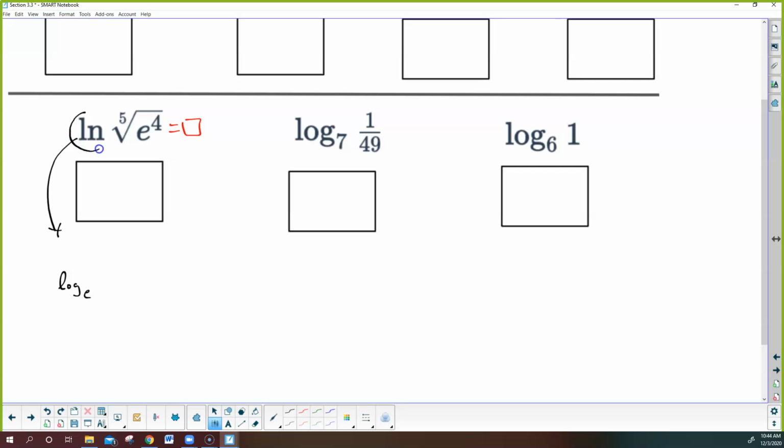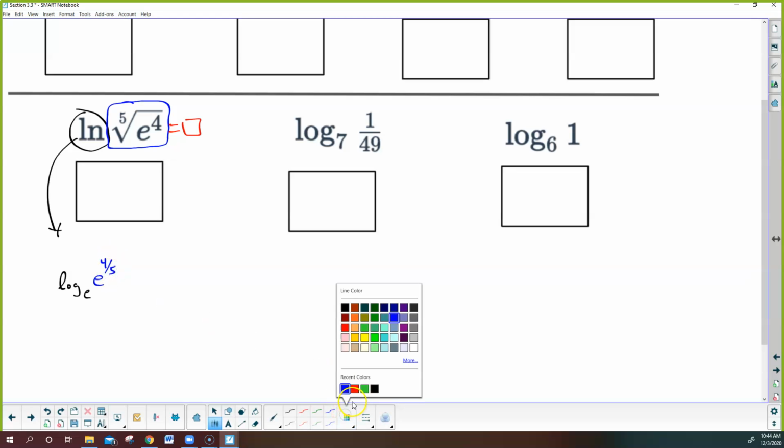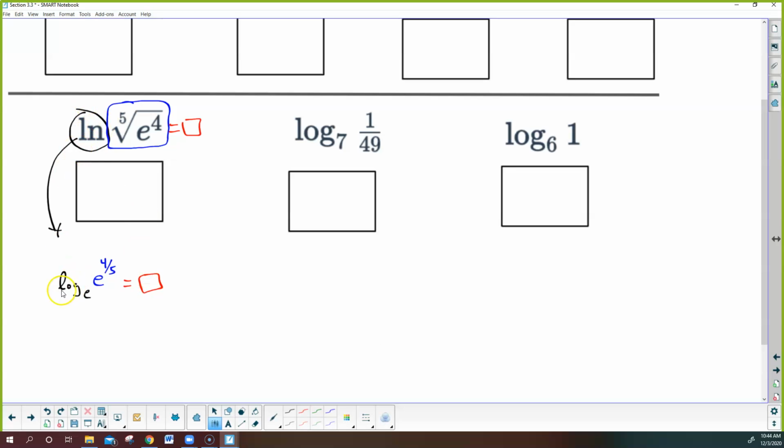So ln, this part right here, is the same as log of base e. And then this part, I don't like the way it's written right now because of that fifth root. So I'm going to rewrite it as e to the fourth, and then the fifth root is the divide by 5. So I just changed this so it says log of base e, and now we can go through that same work.